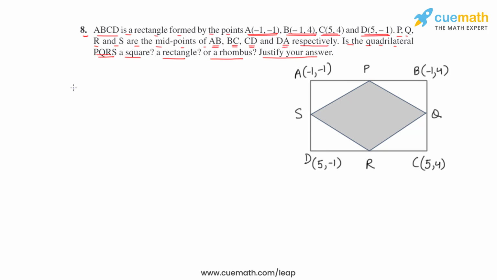So let's first find the coordinates of P. P will be the midpoint of AB, so (x1 plus x2) by 2, (y1 plus y2) by 2, that is (-1 plus -1) by 2, comma (-1 plus 4) by 2.